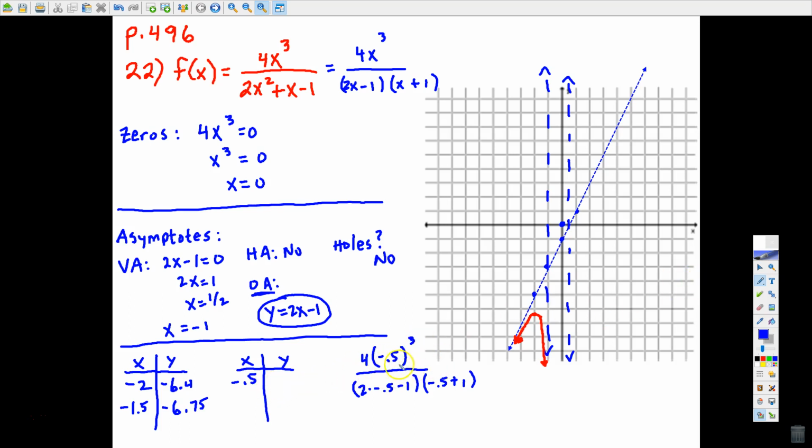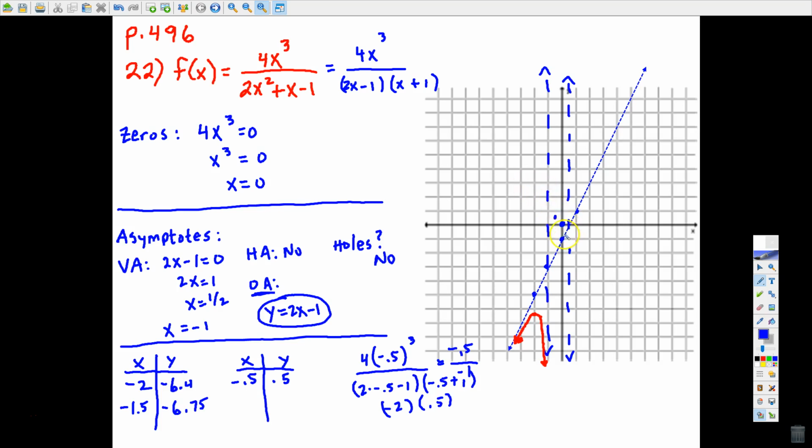Hopefully, if you're using your calculator and breaking this up into parts, that would be -0.5. Down here in the denominator, you would get 2 times -0.5, which is -1 minus 1, that's -2 times 1/2, and that would give you -1. So we end up with 0.5 or 1/2. Okay, so that's good information. For x is -1/2, f of x is +1/2.